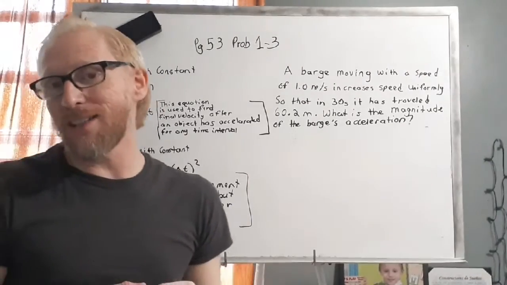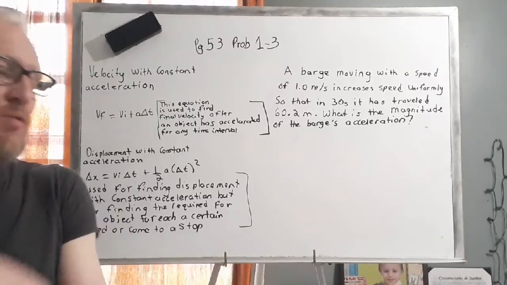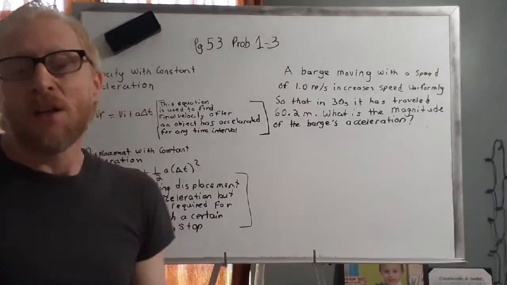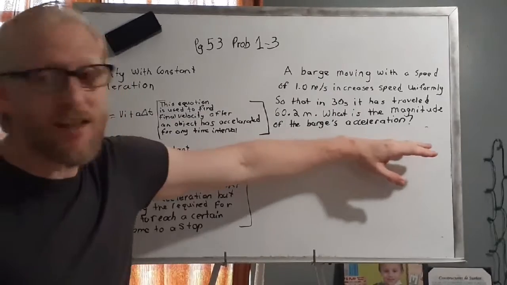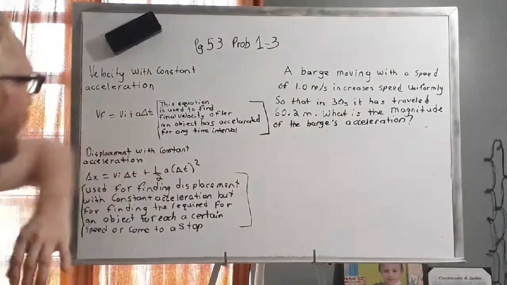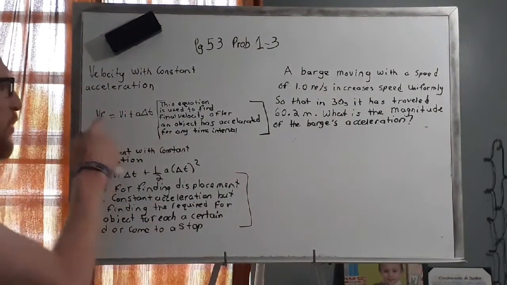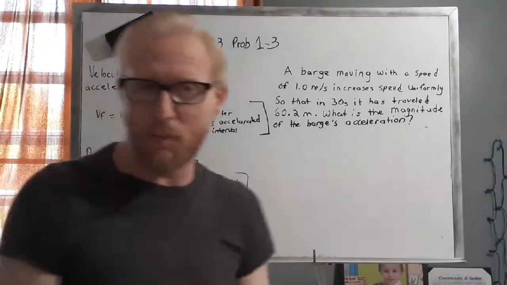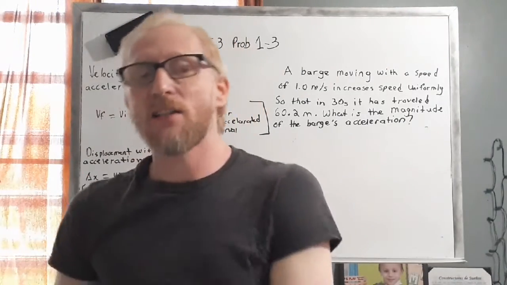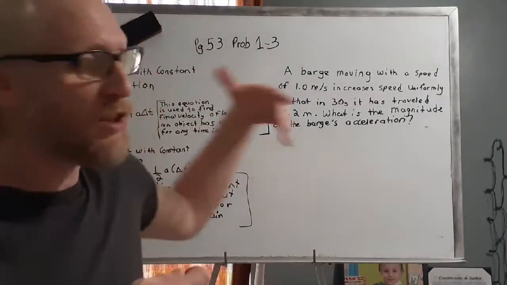In fact, the object is not coming to a complete stop, which means that we don't really need to use this formula, because if it had said that the barge came to a complete stop, then we would probably have our final velocity and we would need to find our initial velocity. But since they're not asking for that, in fact they're only giving us the initial velocity.